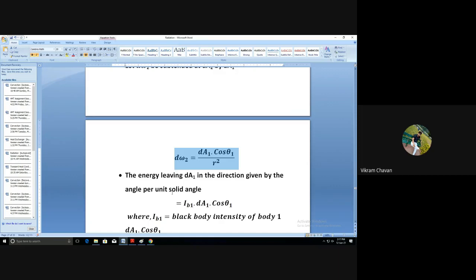That area is the area exposed on the line joining the two surfaces.